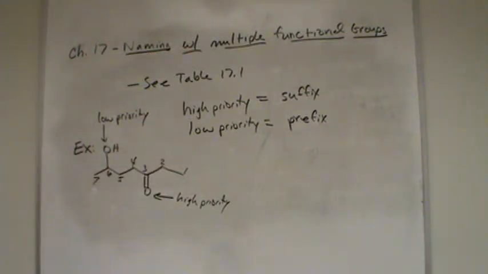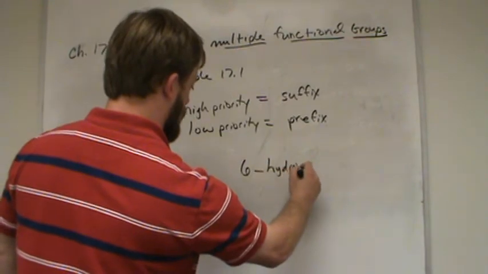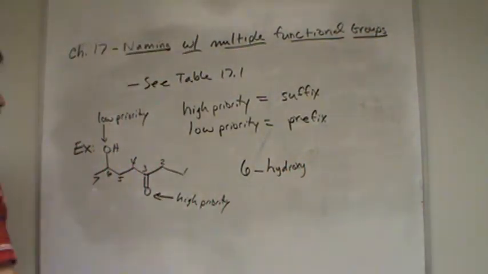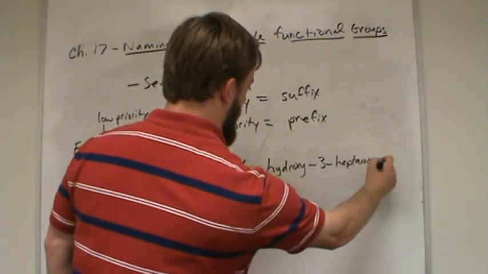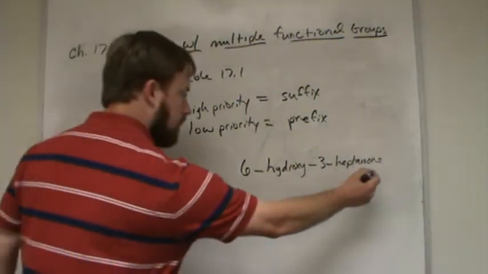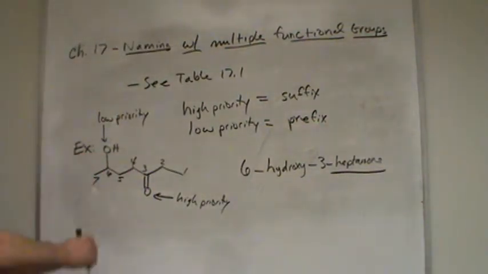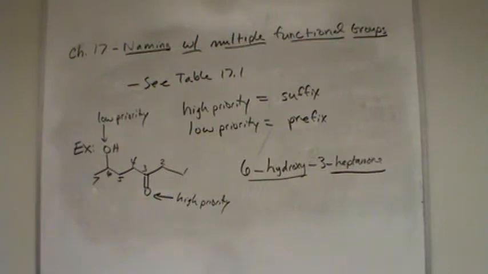So it's going to be 3-heptanone, and then we add the alcohol as a prefix. So it's 6-hydroxy-3-heptanone. So the high priority ketone is the suffix. The low priority alcohol is a substituent, a prefix.